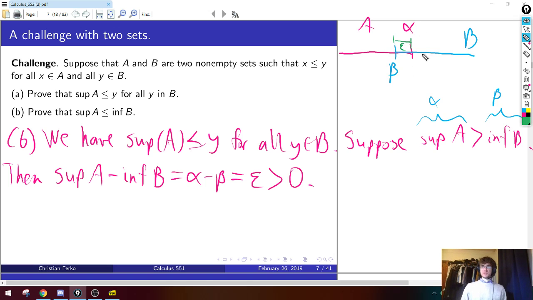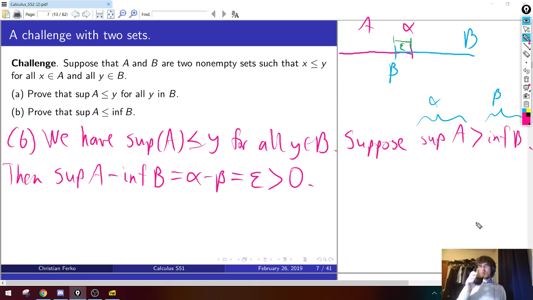But the picture suggests what we should do next. We assumed that every number in B is greater than every number in A. But now you see this overlap, where some numbers in B are less than some numbers in A. That's how we're going to get a contradiction. Do you see how to write that more precisely?